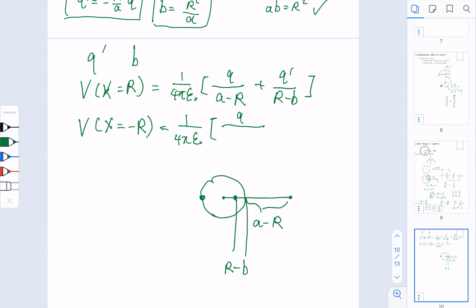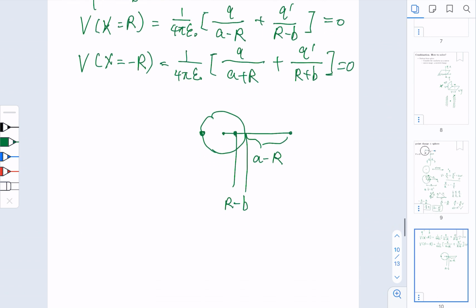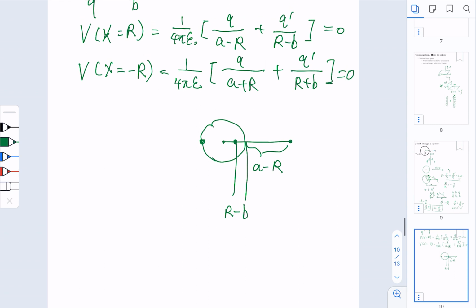So here this should be A plus R, and the other one should be R plus B. Now let's set both terms to be 0, and we can immediately solve for this question.